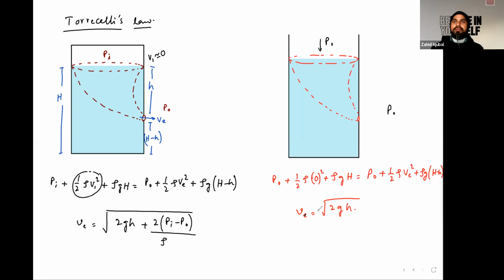So from this part, you'll be asked if this entire system is dropped under free fall, what will be the velocity of liquid, or what will be the velocity of ejecting liquid?